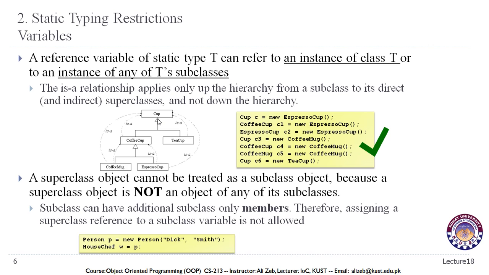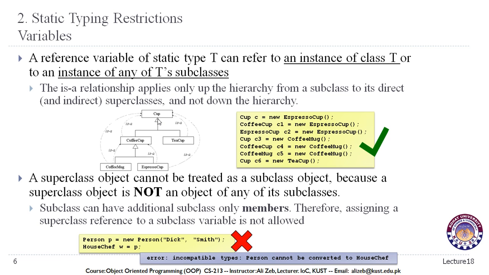So for example, a person P is used to declare an object of the person class. We cannot assign that object of the superclass to an object of the subclass. We need to remember this point, that if we try to do this, we will get a compilation error because these are incompatible.